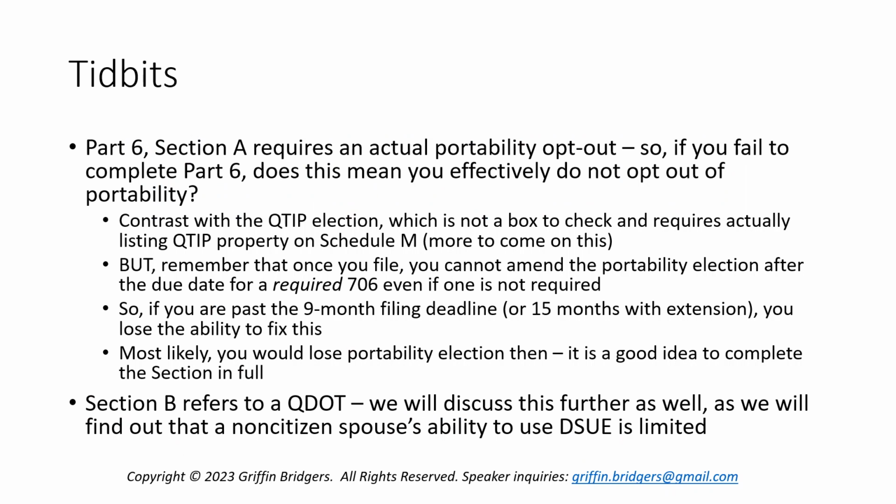The answer is most likely no, because even though Rev. Proc. 2022-32 gives us a 5-year period to file a portability return, that 5-year period is cut off once you actually file the return.